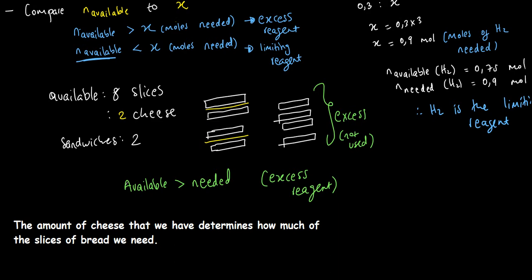So it runs out and then it leaves the bread alone. So that's why we call it the limiting. Understand? The amount that is available is less than what we actually need.